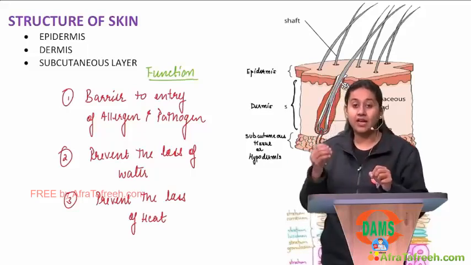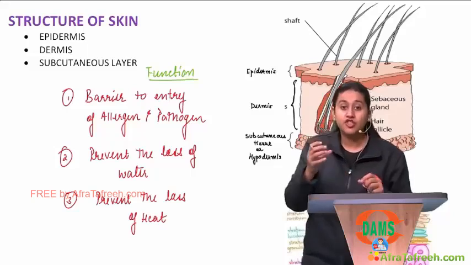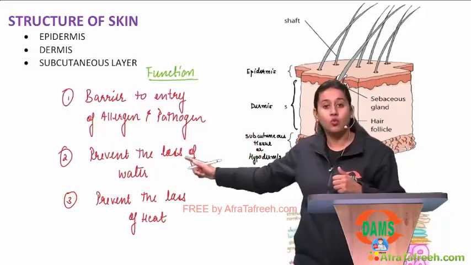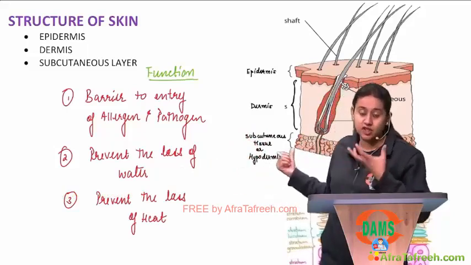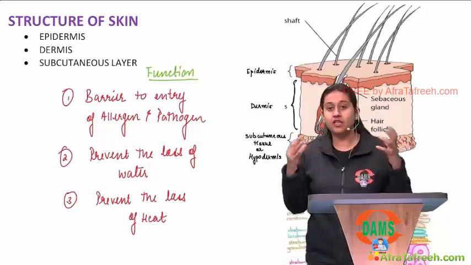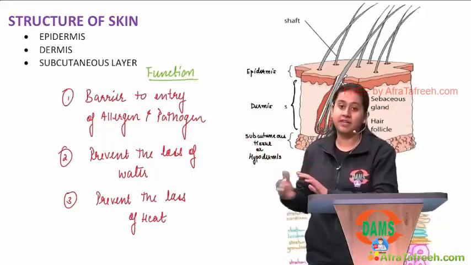Along with that, it has a classical extracellular connective tissue matrix which retains water, and that is why it prevents the loss of water. And the hypodermis, the bubbly layer just beneath your dermis, contains the fat cells which prevent the loss of heat. So like that, the three layers have their own three separate functions.